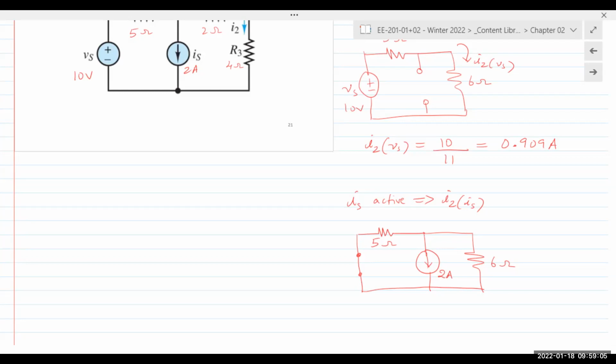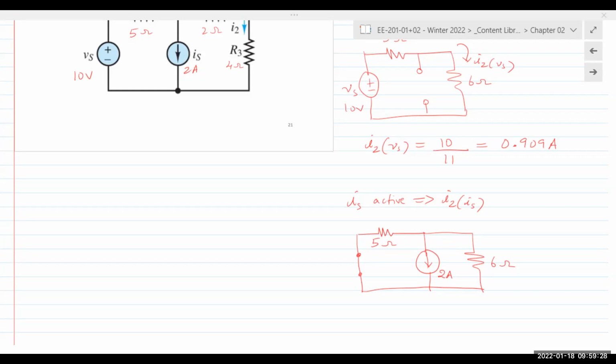it's obvious the 2 amp source and the 6 ohm resistor are in parallel because they share a node at the top and a node at the bottom. But because the voltage source is a short, this 5 ohm resistance is connected at this node. It's only sharing one node. But because of the short of the voltage source, the 5 ohm is now connected to the 2 amp source also.